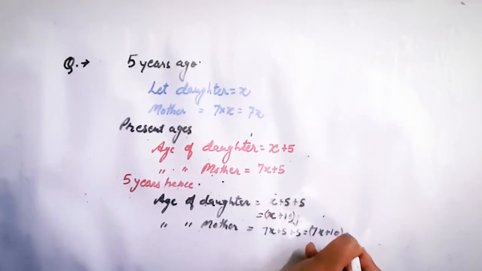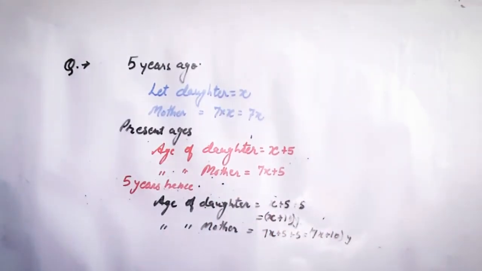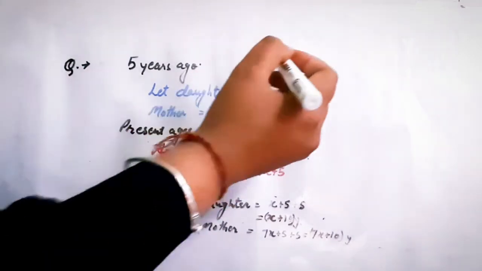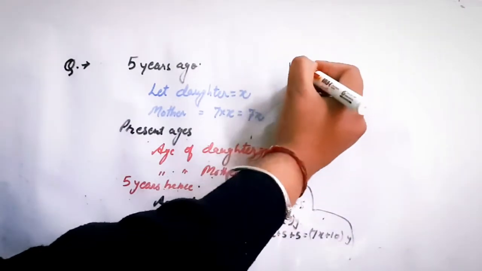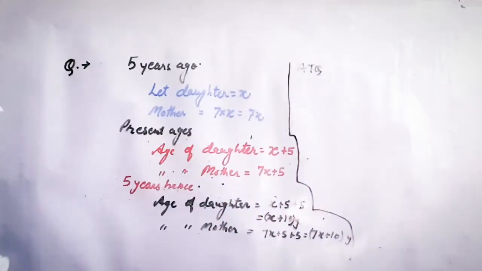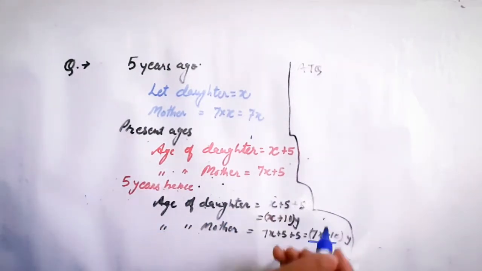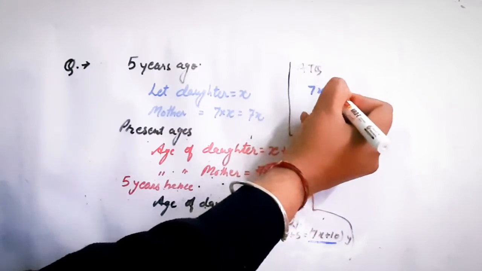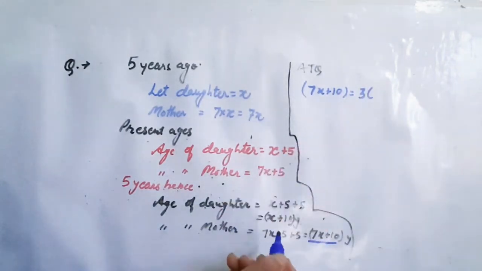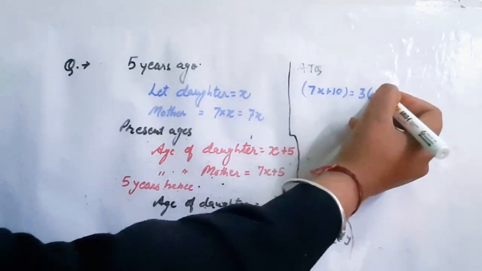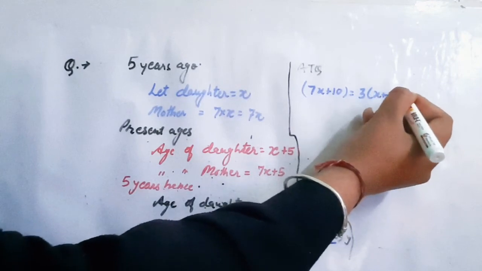Now let us see the relation. The relation is she will be 3 times as old as her daughter. So according to the question, the age of mother, that is 7x plus 10, will be equal to 3 times the age of daughter, that is 3 multiplied by x plus 10.